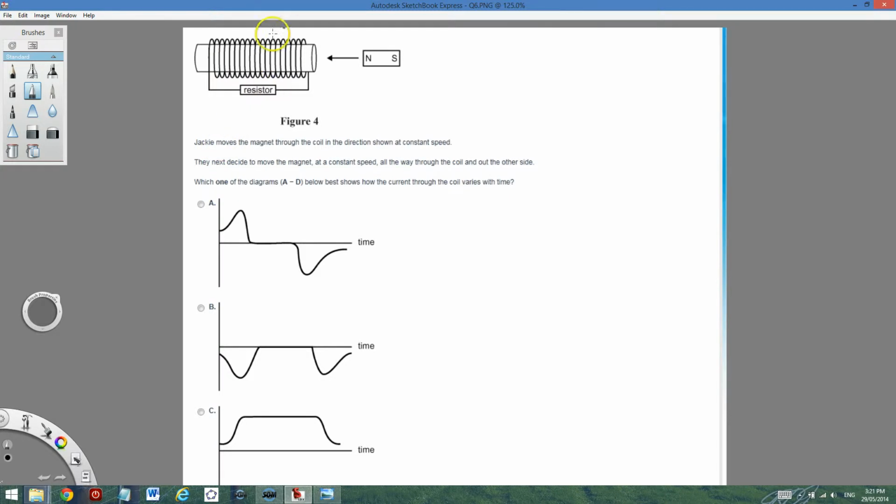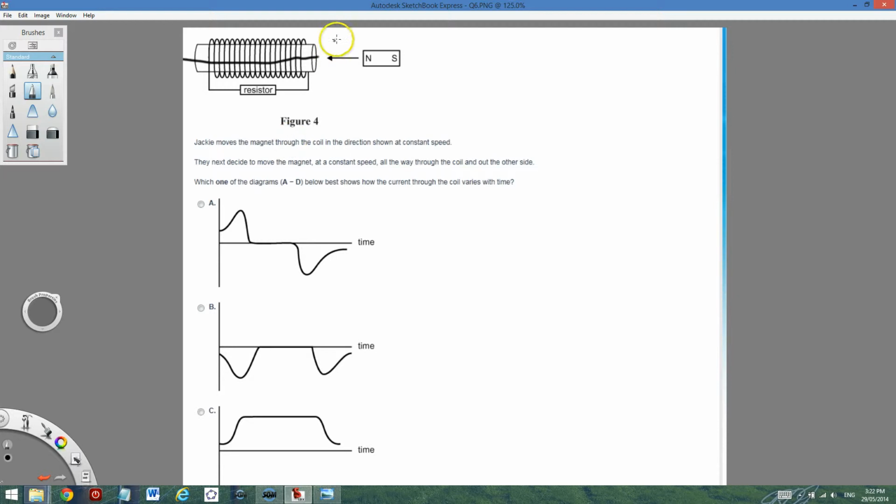We have wires rotating around a rope, and we have a magnet coming in, and the magnet goes in and goes out. And they need me to find the direction of current.